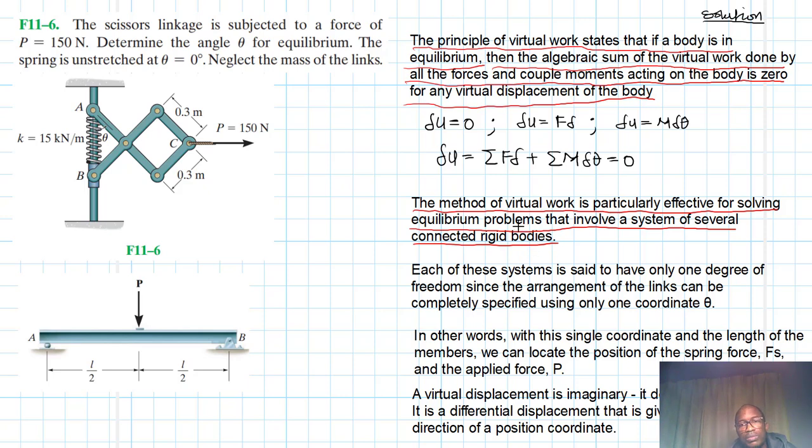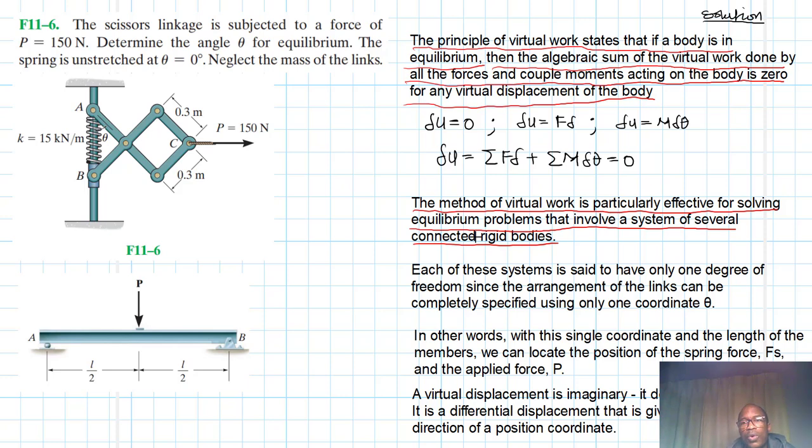You can think of this principle of virtual work as synonymous to equations of equilibrium, only that in this particular case, we are using the virtual displacements, and these virtual displacements can either be translational in the y and x, or they can be rotational.